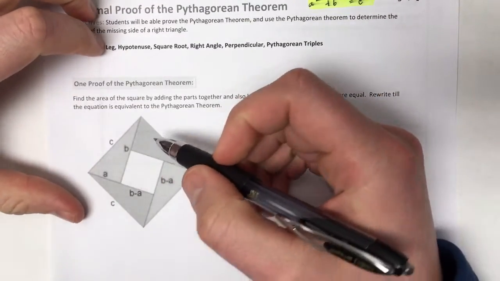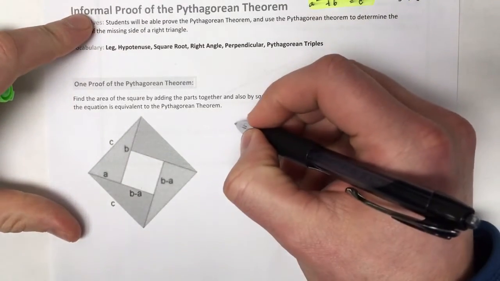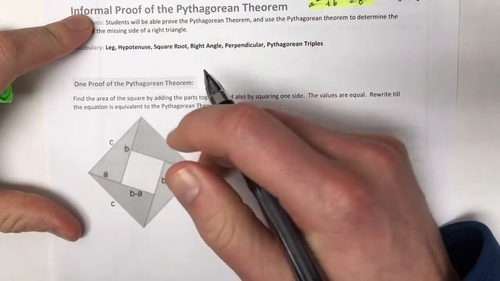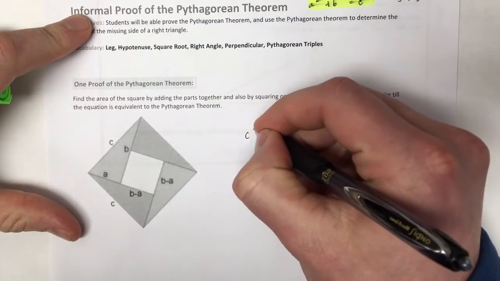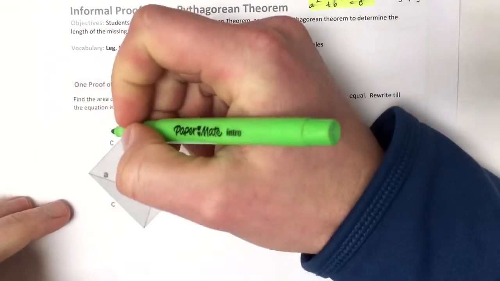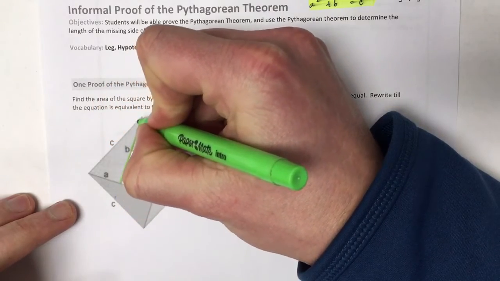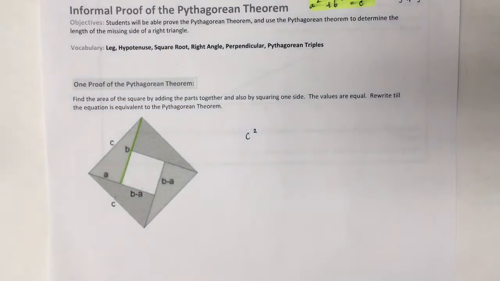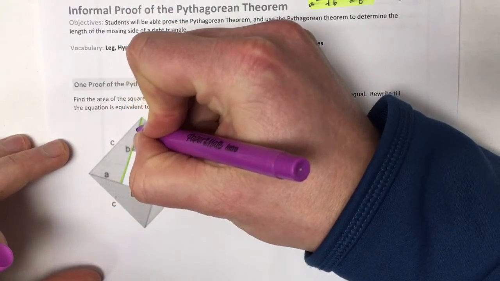As you're looking at this image, the first thing I would notice is that it's a square. The area of a square is whatever the side length is times whatever the side length is. So I see c times c, which would be c squared. What's a little bit difficult to pick up is that this distance right here is b, and this part of b is covered up by a.